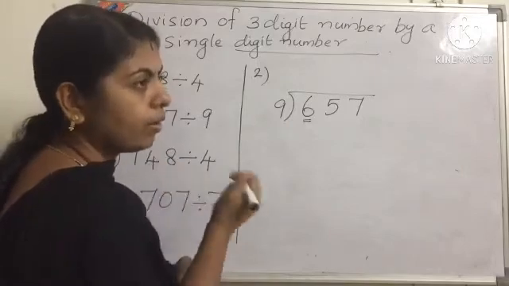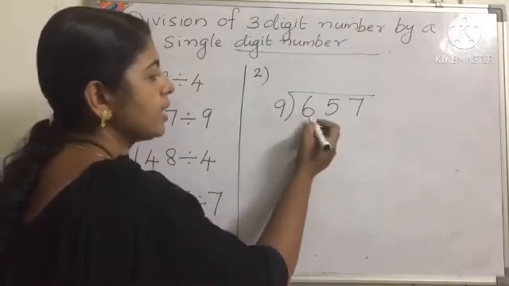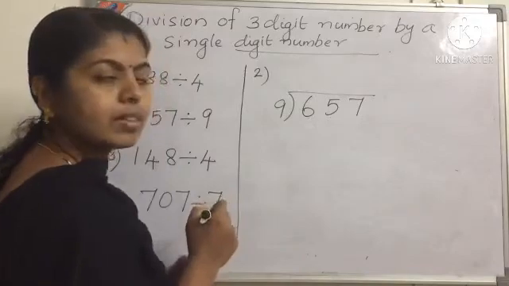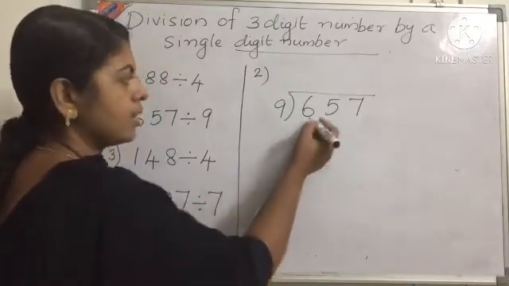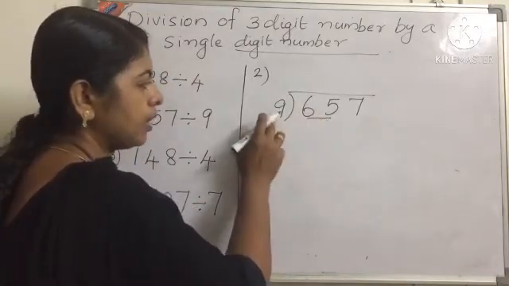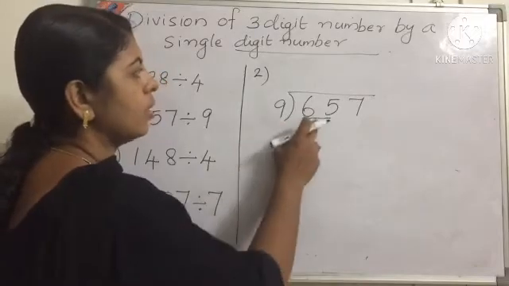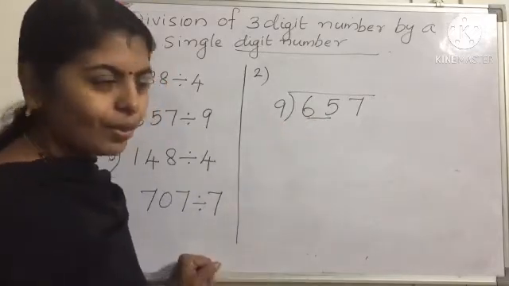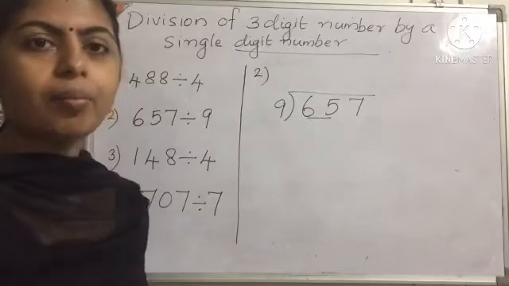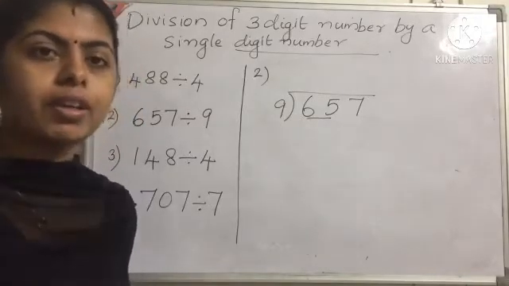In that case, what will we do? We take the next digit also. It's 65. We can divide 65 by 9 because 65 is greater than 9. For this, we need the multiplication table of 9.